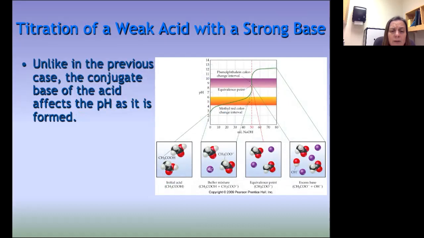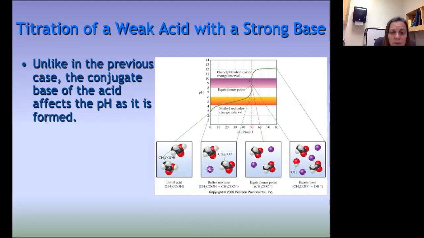And so we're actually going to start creating a buffer mixture where we're going to have both undissociated acid and conjugate base. And so the pH through this section is being controlled by the equilibrium reaction between the conjugate base and water and acid and water. So slow change through this area, and we have a mixture of undissociated acid and conjugate base ions.